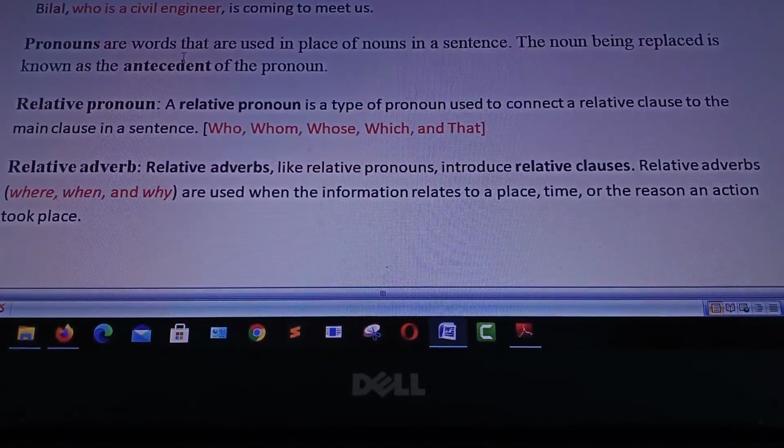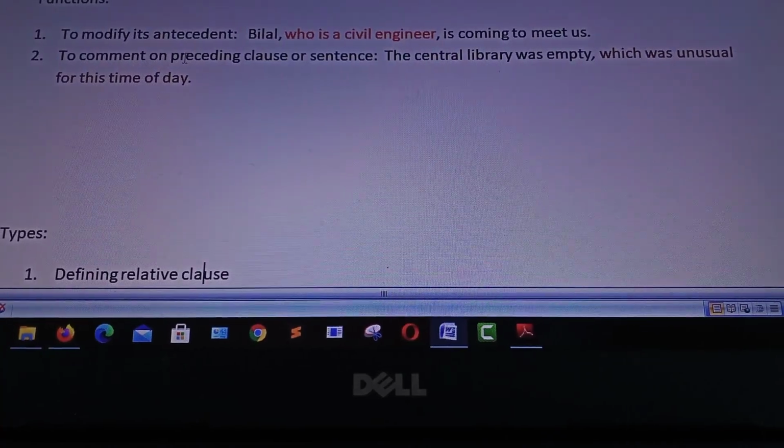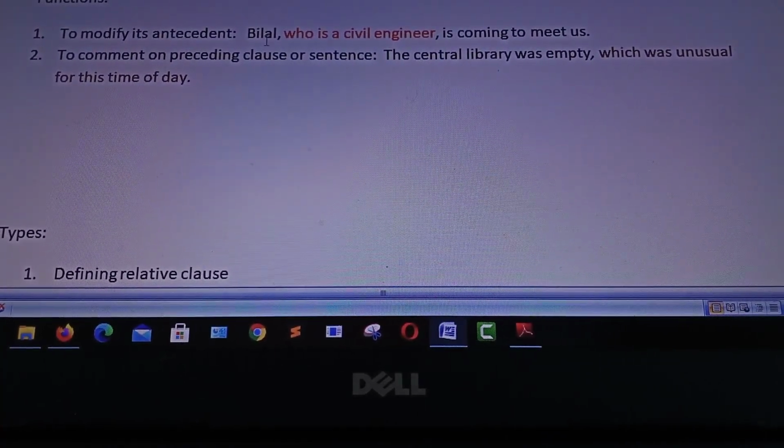Now move to its functions. Relative clauses have two functions only. The first function is that it modifies the previous or preceding noun, and the second one is that it comments on the previous clause or sentence sometimes.